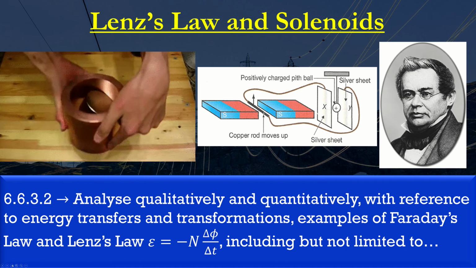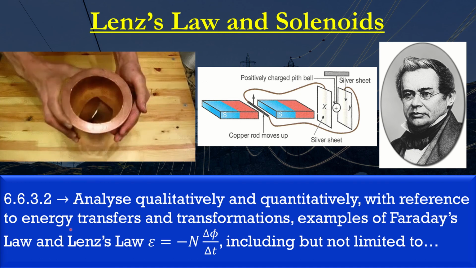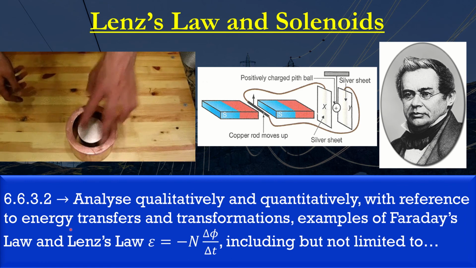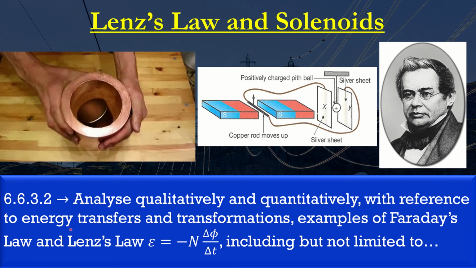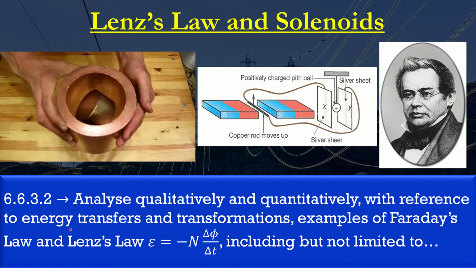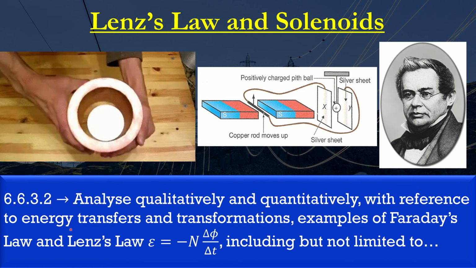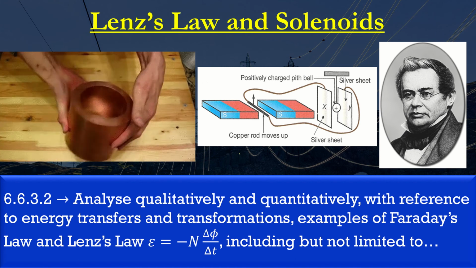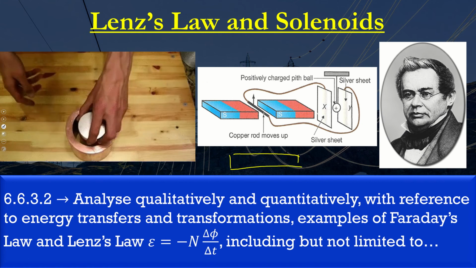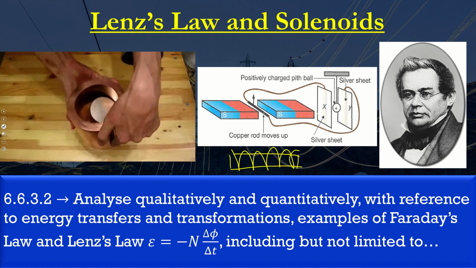Alright, so what we're looking at in this particular recording is, again, Lenz's law, but how does it apply to solenoids? A solenoid is basically a curved wire conductor. If I draw it out, a solenoid would be an object that has an iron core, and then you have some wires wrapped around it.